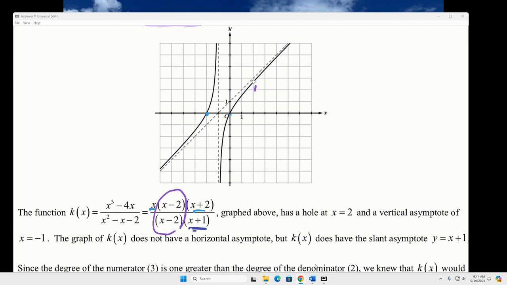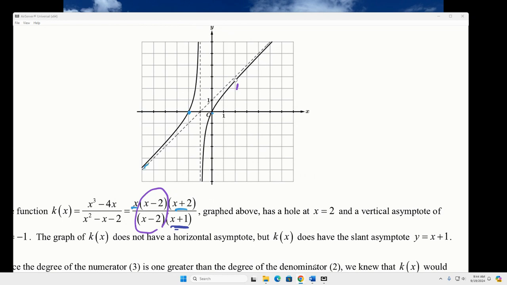So what this one does have is a slant asymptote. The equation of that slanted line right here is y equals x plus 1. We aren't really going to graph a lot of slant asymptote lines, but it has a y-intercept of 1 and a slope of 1.